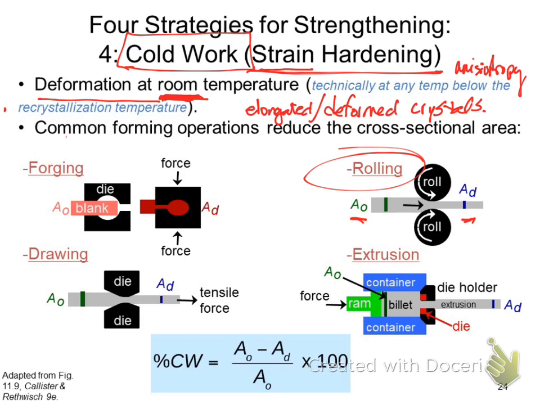Let's look at forging. We'll look at forging over here on the left. This is where we have a die, otherwise sometimes known as a form, something that is in the shape of the final product that you want.